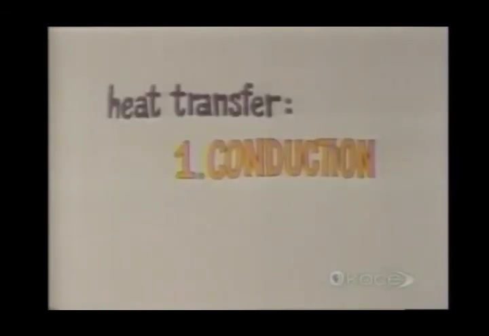In this way, the increased speed of vibration, and therefore the heat, is passed on from molecule to molecule, or from atom to atom. Heat is conducted by a sort of domino effect along the hot object and into your fingers. That's one kind of heat transfer.